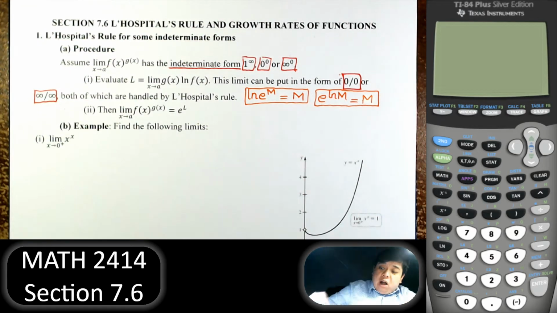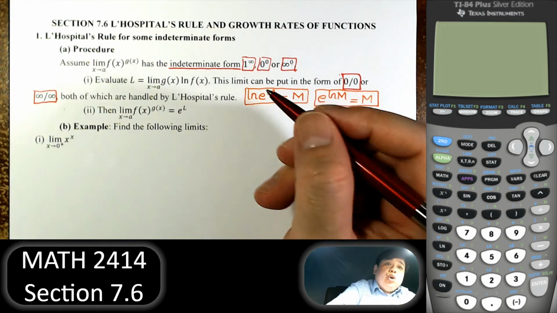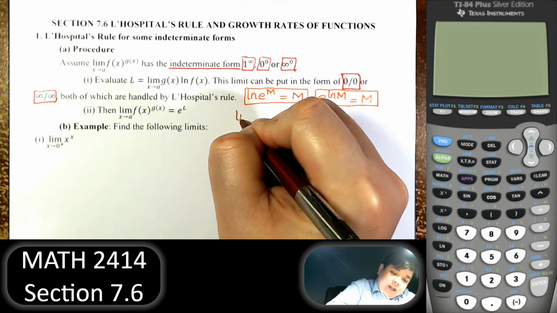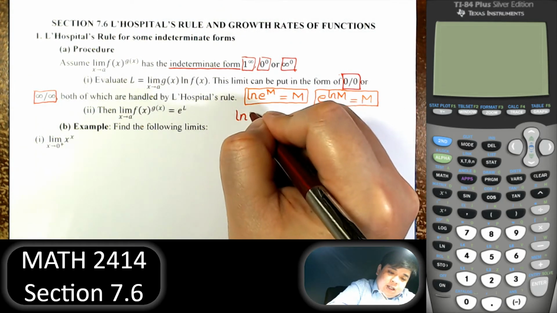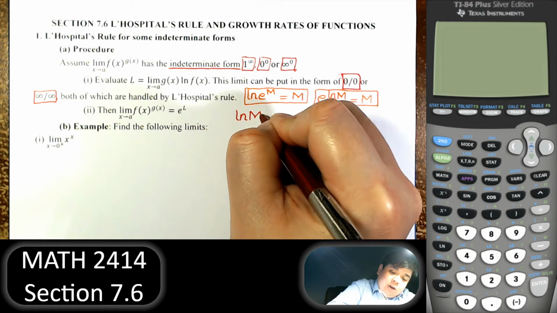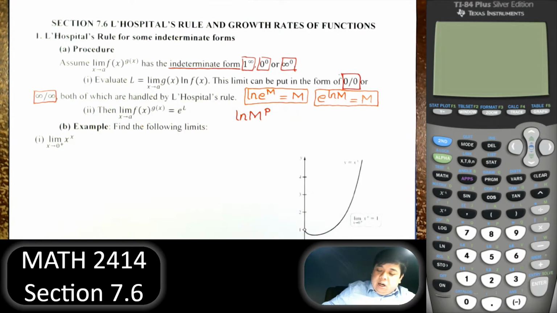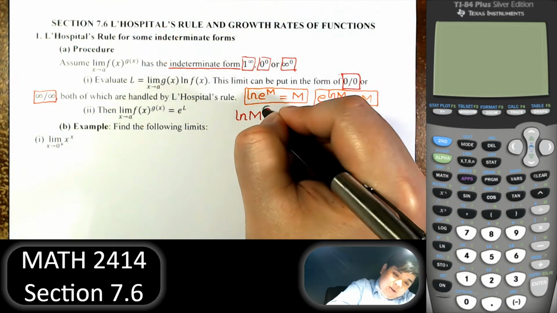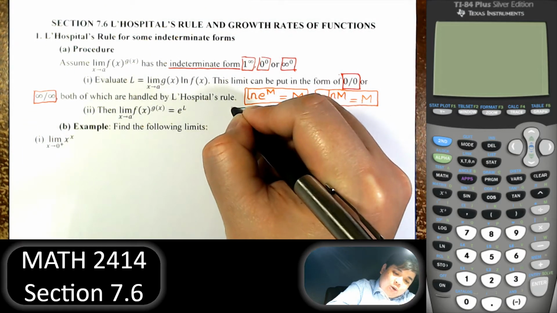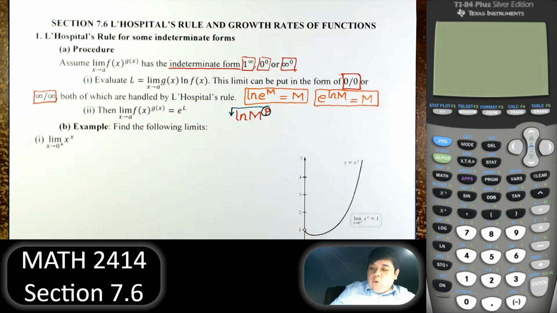And then also a common thing that we do a lot is when we have ln of, let's say, m raised to the p power, we can take the power and move it outside as a coefficient.